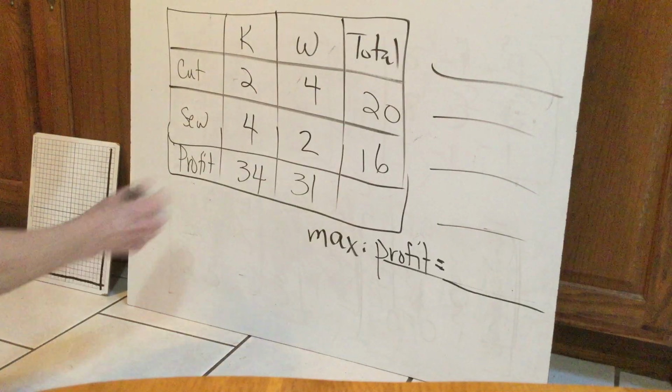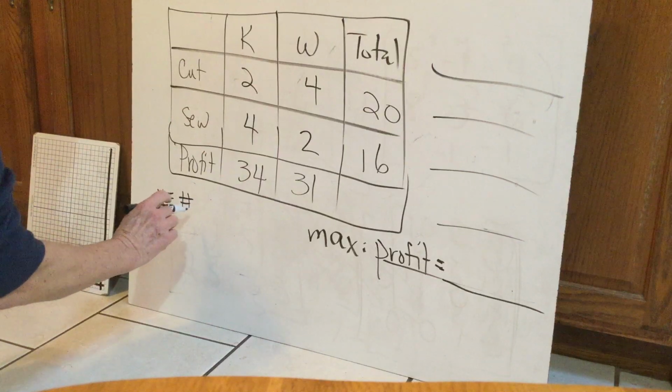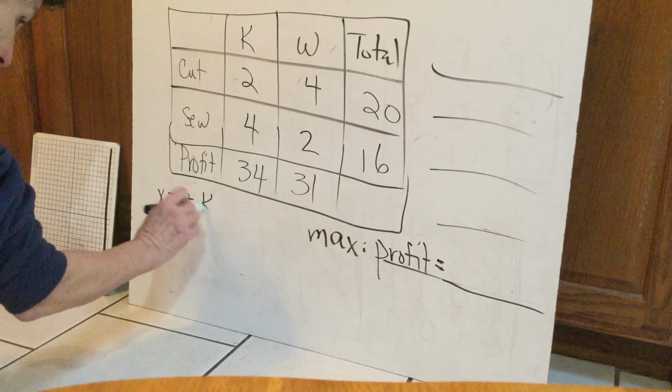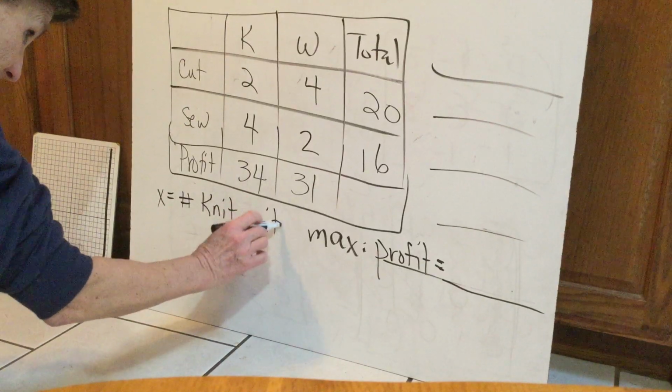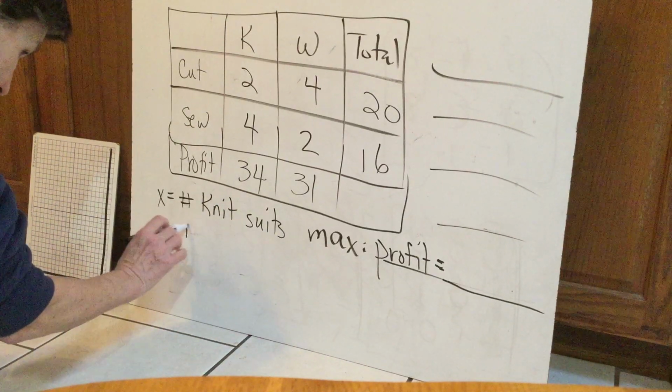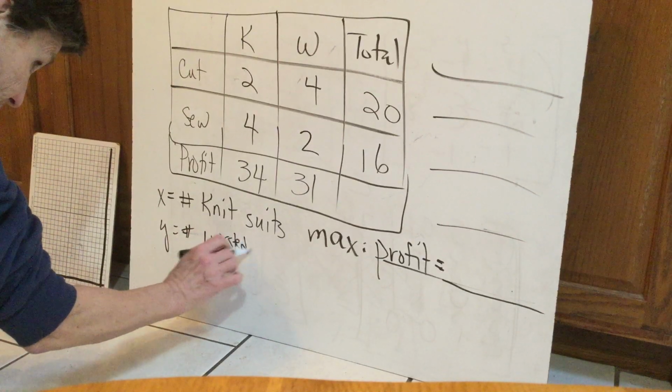So we're going to let X be the number of knit suits. And we're going to let Y be the number of worsted suits.